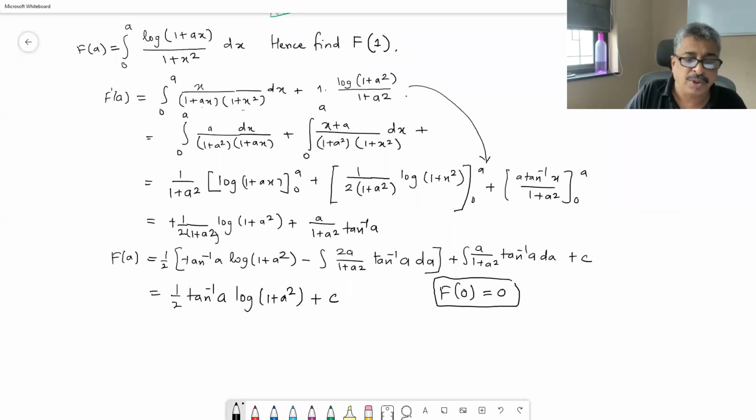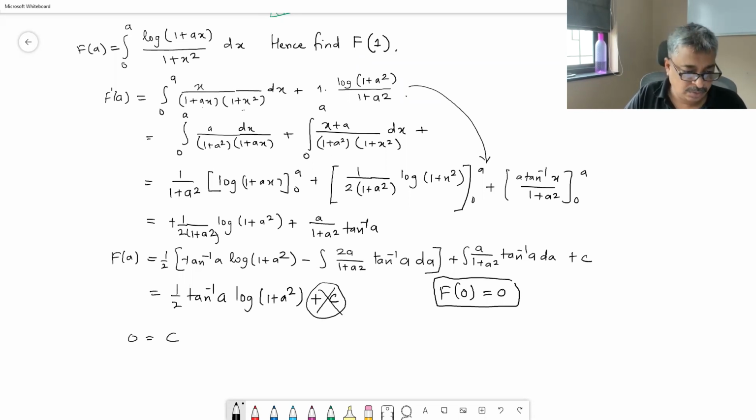So if we substitute F of 0, which is 0, it is equal to tan inverse 0 and log 1, everything is 0, therefore c is equal to 0. And hence our function is without this.